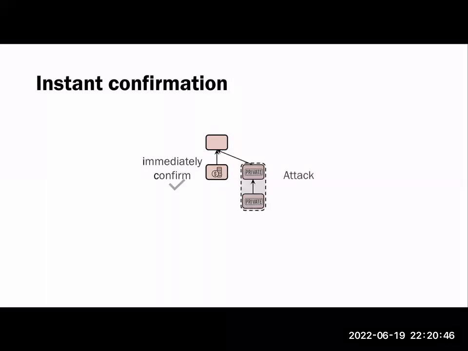Okay, so here's a potential attack. An attacker, remember, is someone who does not follow the protocol. Now, what does the attacker want to do here? The attacker is actually Alice. So what was Alice trying to do?